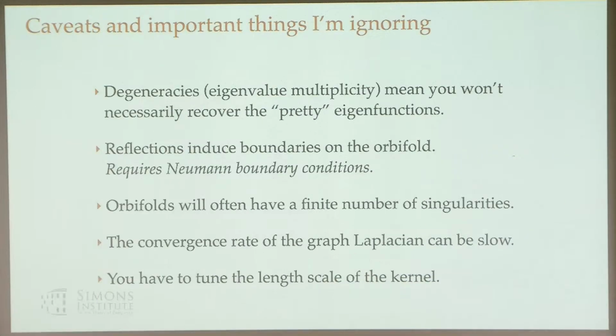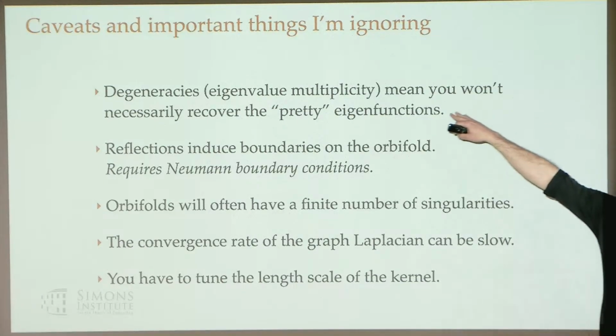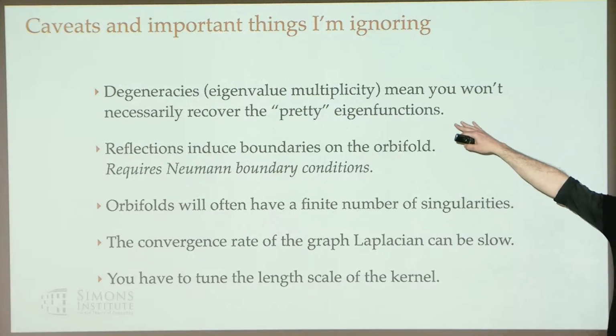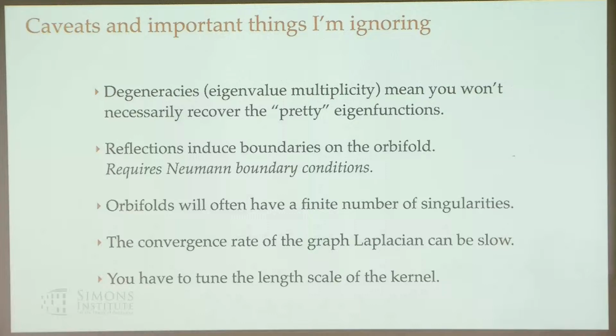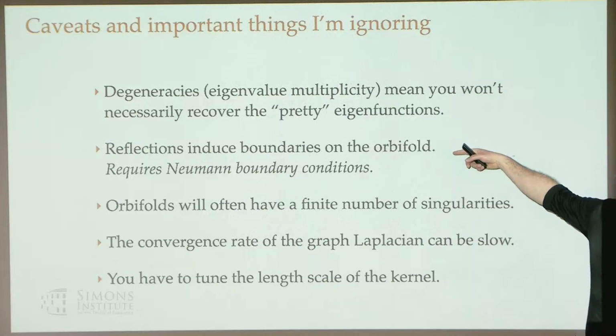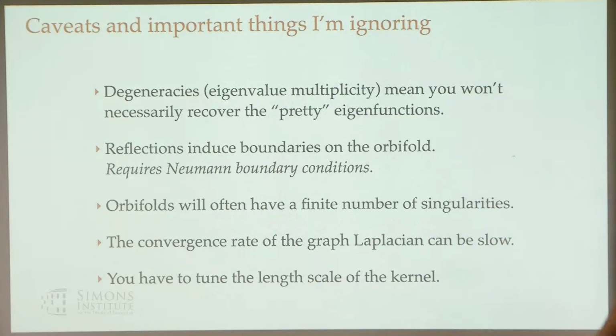There are a couple of caveats I should add. In general we have degeneracies, so we're going to have multiplicities of our eigenvalues, and we're not necessarily going to get pretty eigenfunctions this way. We're going to get eigenspaces. Also, I've ignored the fact that we have to handle reflections carefully, because generally this machinery is about manifolds without boundary, and here we have boundaries.